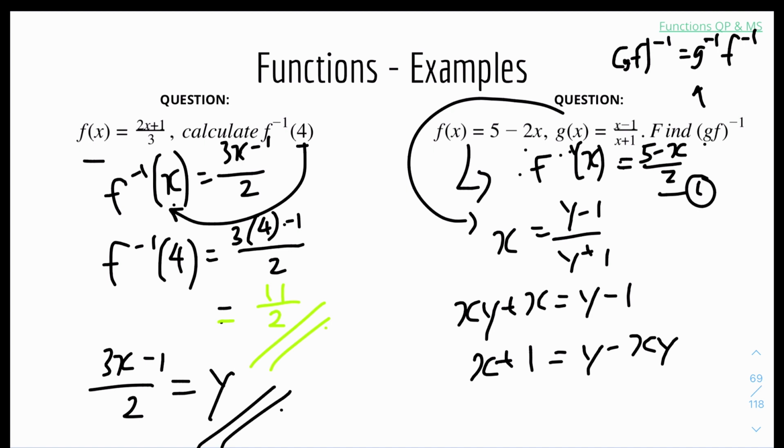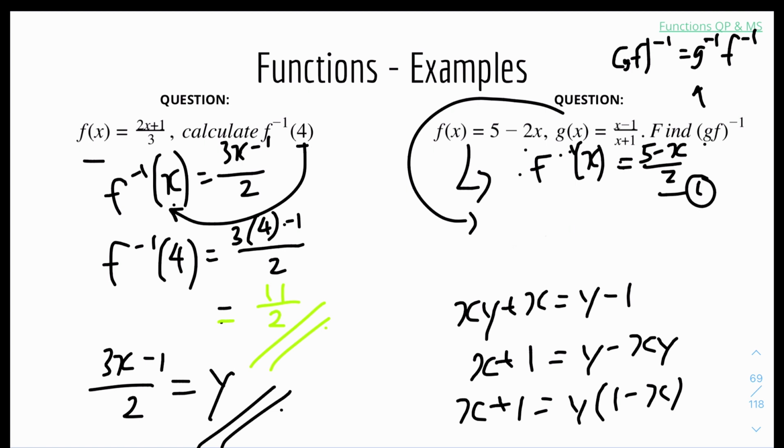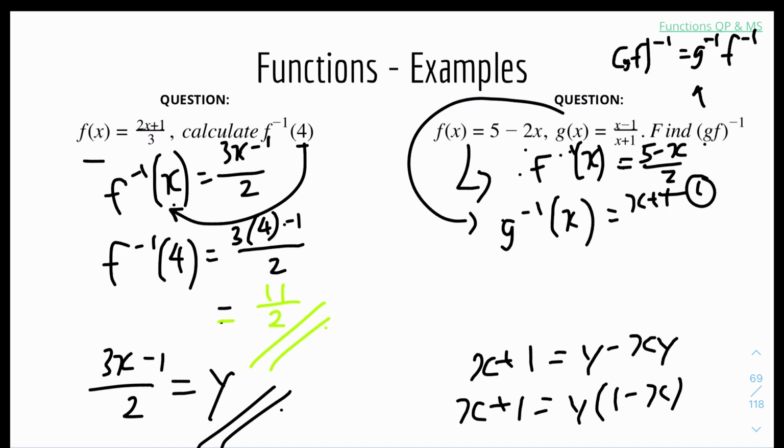You factor out the y on the right hand side: y times (1 minus x) equals x plus 1. And you just divide both sides by 1 minus x to make y the subject, which means the inverse of g is (x plus 1) over (1 minus x).